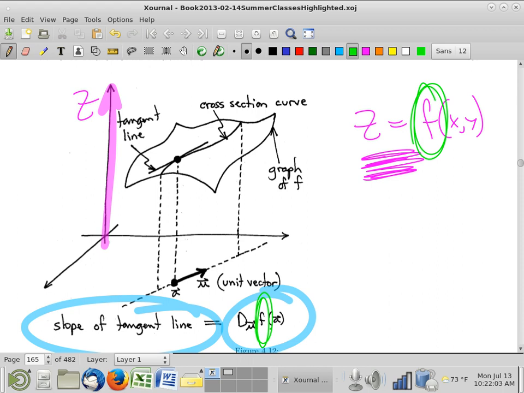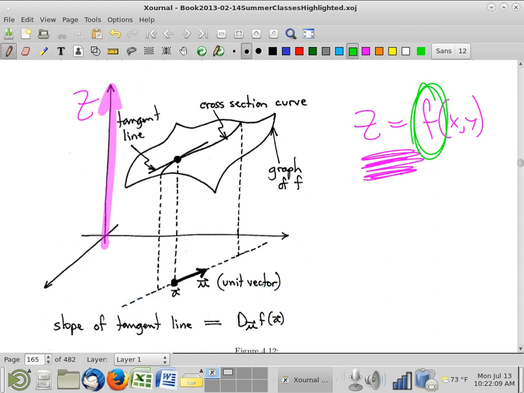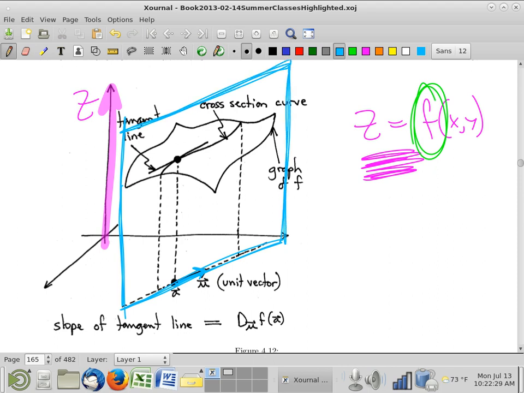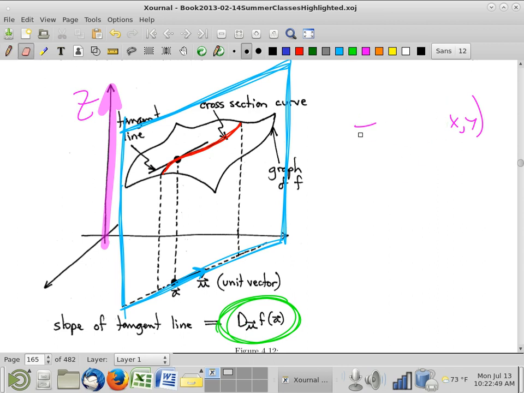And in that context, what we just showed is that given a unit vector direction, as you move in that direction, if you were to look at a vertical cross-section of the curve, that cross-section might look like this.